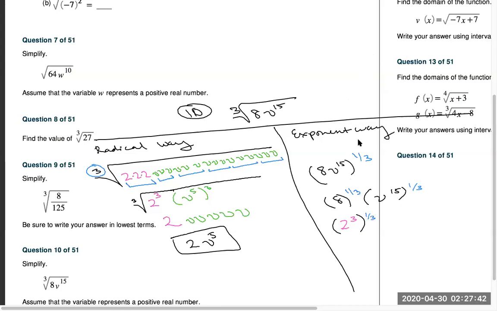And then I'm going to leave this one as v to the 15th to the 1/3 power.